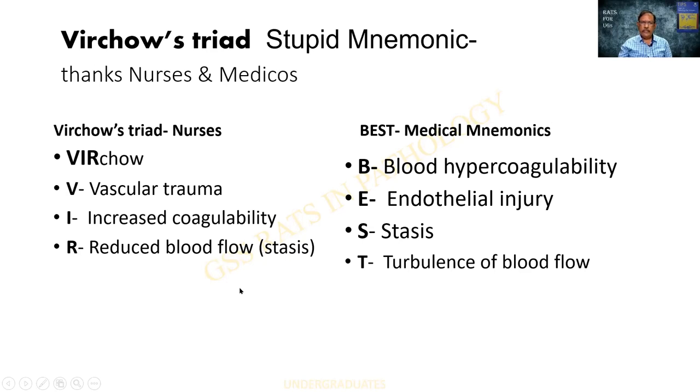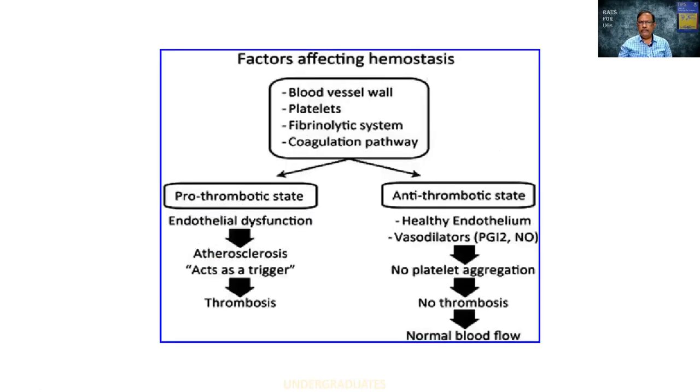So this is one. And for the medicos, this can be one: BEST. B for blood hypercoagulability, E for endothelial injury, S for stasis, and T for turbulence of blood flow. Stupid mnemonics, please do remember, they will save us.